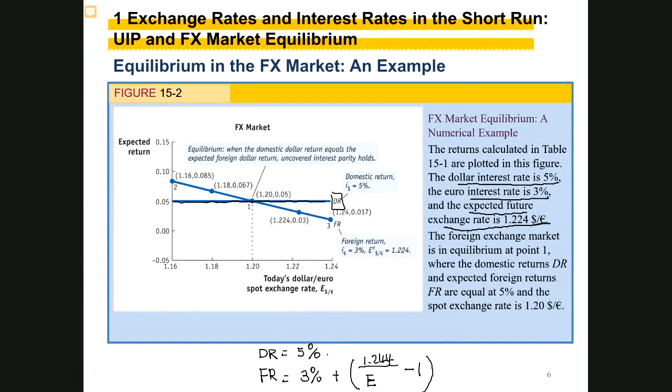And then if you calculate this using the equilibrium condition, you will find that E is supposed to be close to 1.2. That's the idea behind this graph.